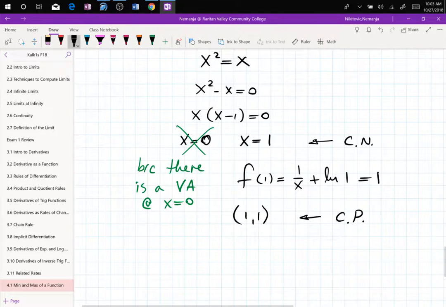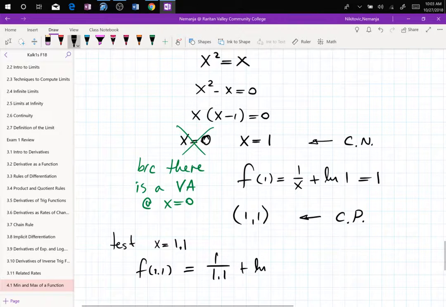So test x equals 1.1, let's say. So f of 1.1 is 1 over 1.1 plus ln of 1.1. Now, why are we testing this?